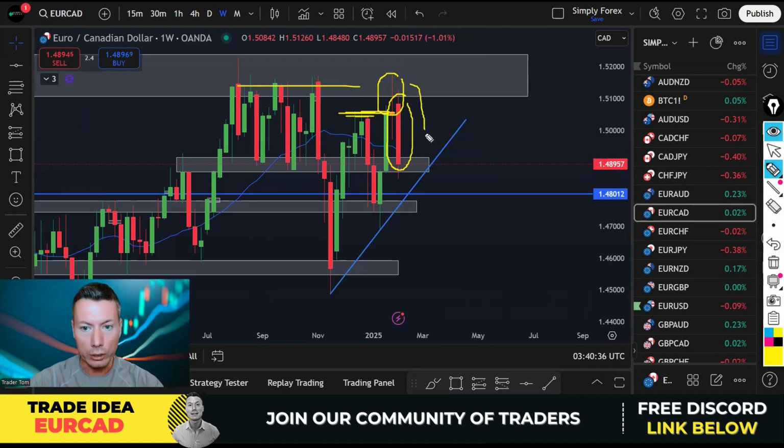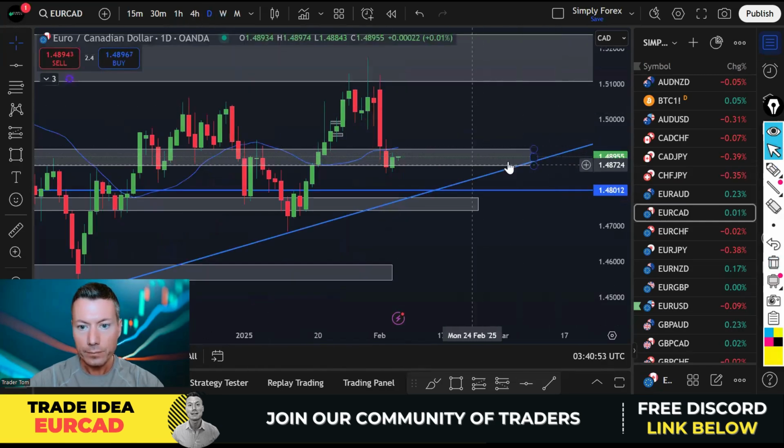Lots of selling pressure here. If we look at this trend line, I still think there's a little bit more room down to this 1.4800 psychological level. Now, if we drop down to the day chart, you'll also see this candle just broke this grey support zone, which we like.